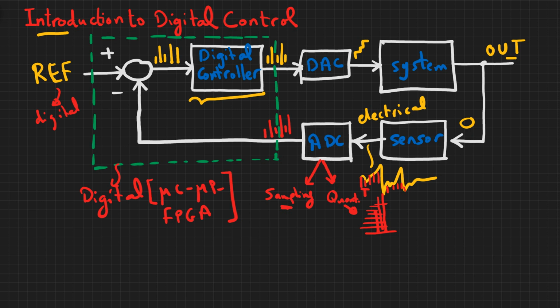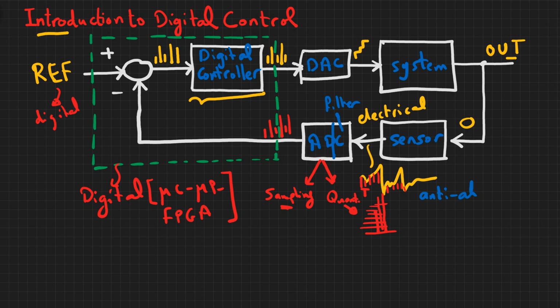One more thing before moving on to mention some of the advantages of digital control. Before the analog to digital converter, usually we perform some sort of filtering. There is usually a low-pass filter in addition to the ADC, before the ADC, and this is an analog filter, called an anti-aliasing filter.